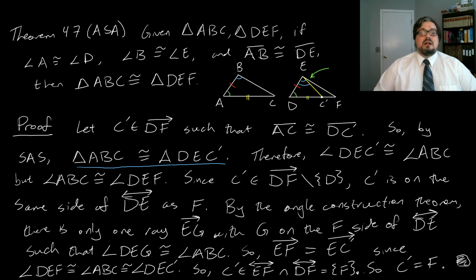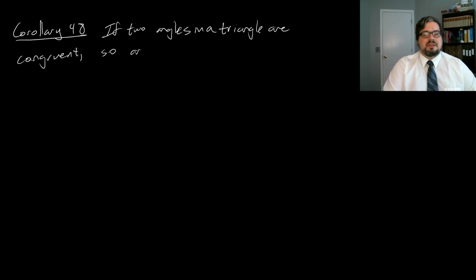Angle side angle allows us to get a sort of converse to the isosceles triangle theorem. Corollary 48 says that if two angles in a triangle are congruent, so are the opposite sides.